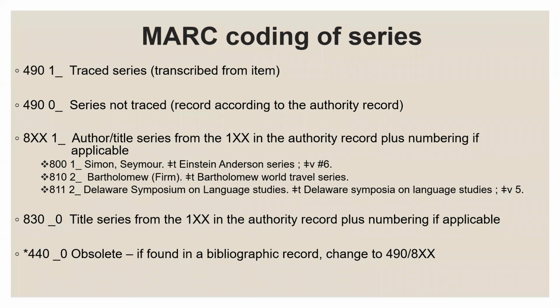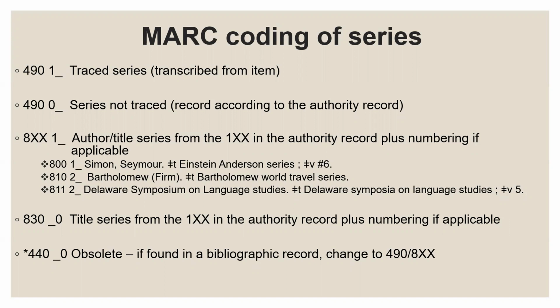Another 490 that you may see is a 490 with first indicator 0, and that's not a trace series. And when you have that, it is generally just taken from the authority record, whatever the authority record says.